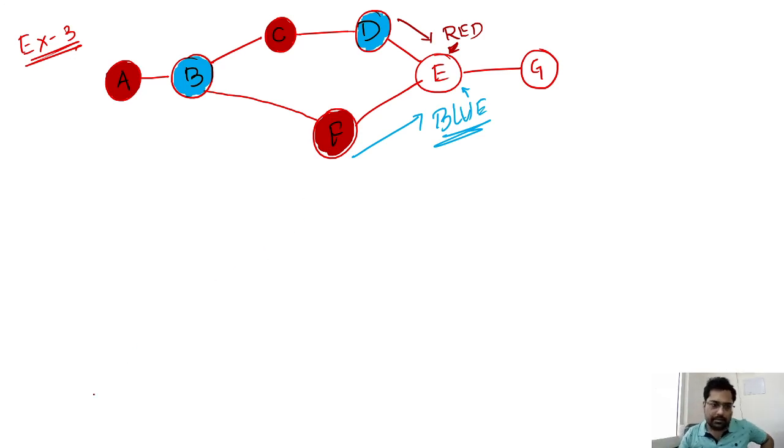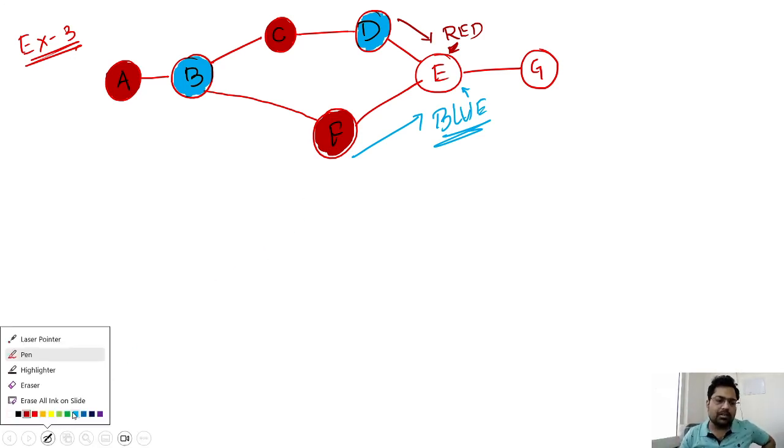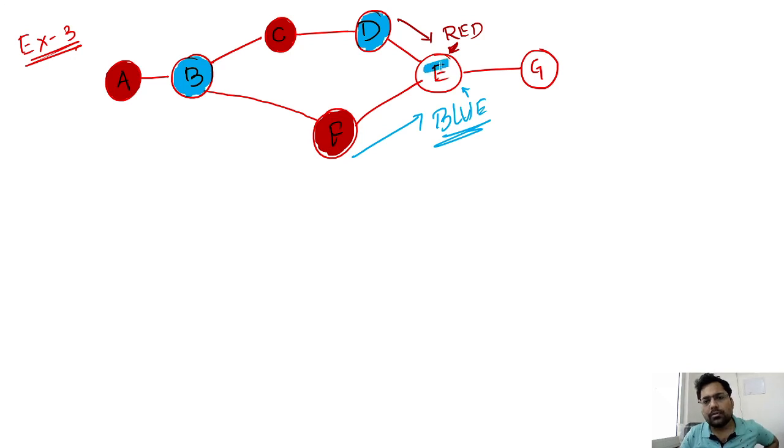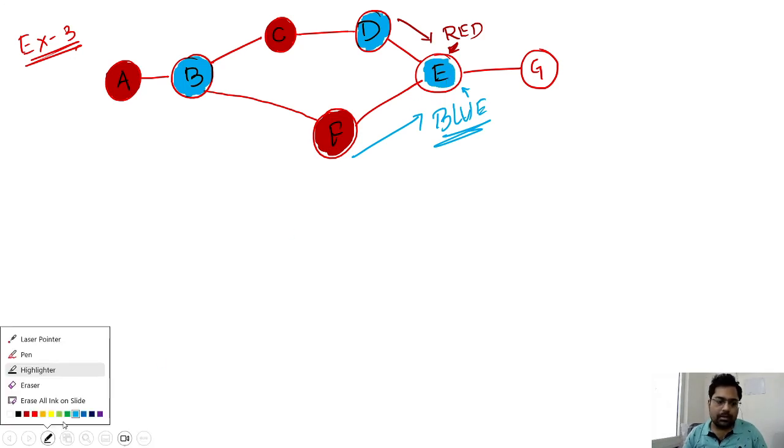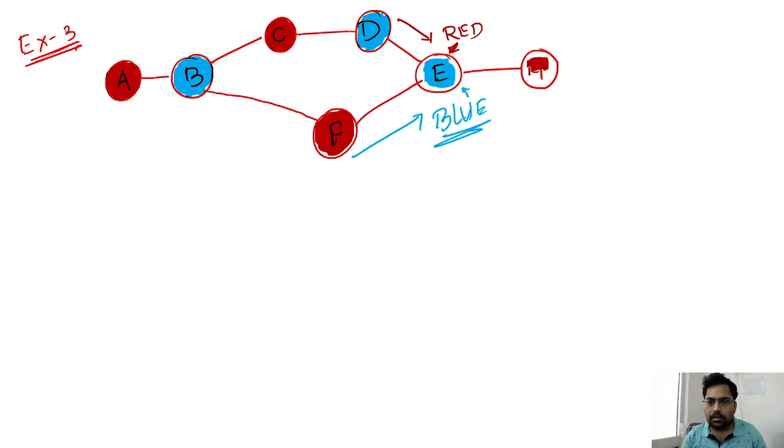Suppose we are not worrying about whether it's blue or red. Suppose this is blue, not an issue, you go for it. Suppose bipartiteness is not possible; we are just checking it now. If this is blue, definitely the next one is red. Okay, not an issue, so this is red for us. For timing, we are just checking it.